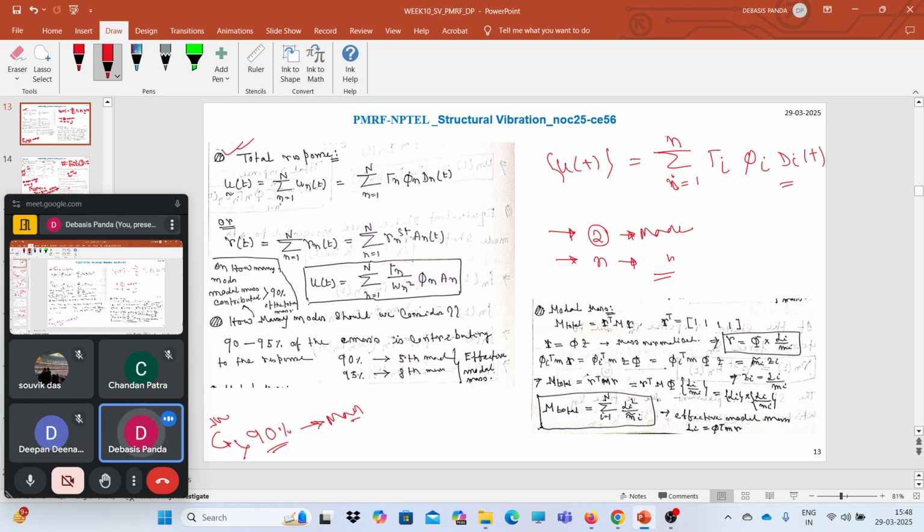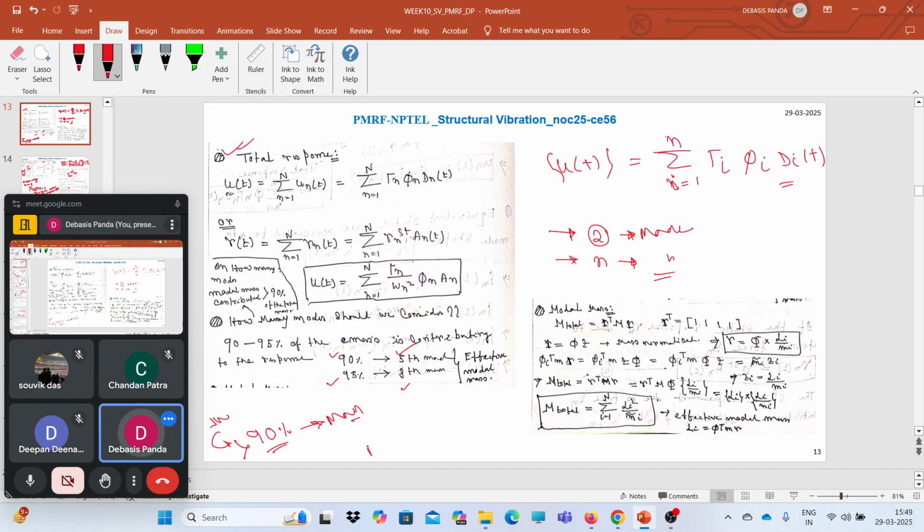So for example, generally if we consider up to the fifth mode, it combines the 90% of the modal mass. If we consider up to the eighth mode, the modal mass will be more than 95%. That's why we need to have the information about the modal mass.